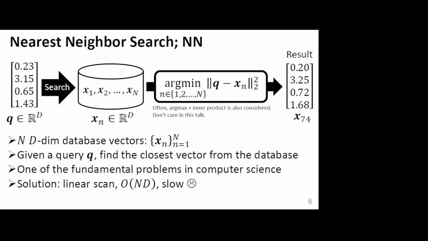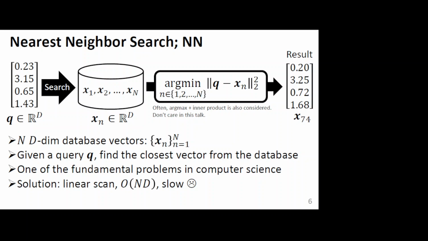Given a query, for example a 4-dimensional vector here, I want to search our data set using some metric. Here the metric is the Euclidean distance. I compute the Euclidean distance between the query and each of the data in the data set, and find the smallest one.